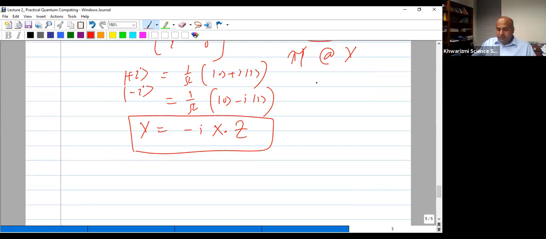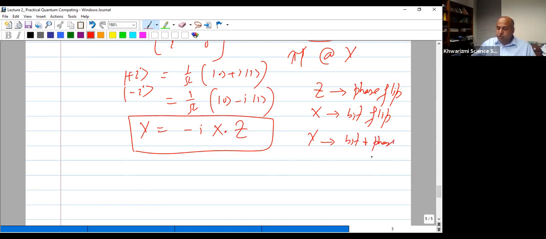So this z gate that we refer to as phase flip gate, because it adds a minus sign to one state, and this x gate that people generally refer to as the bit flip gate, because it turns 0 into 1 and 1 into 0. So this y gate is a bit and phase flip gate. So it does both things at the same time.